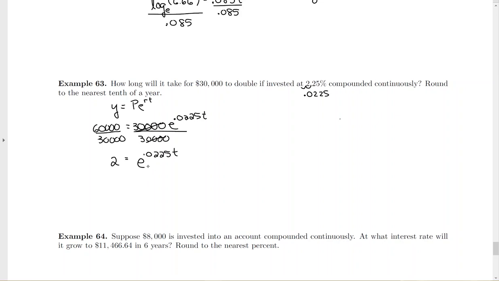Get rid of an exponent by taking the word log base e. Now, some of you are going to get to the point where you just write natural log, and you can do that, of 2 equals the power. So I have natural log of 2 equals 0.0225t, and then solve for t.